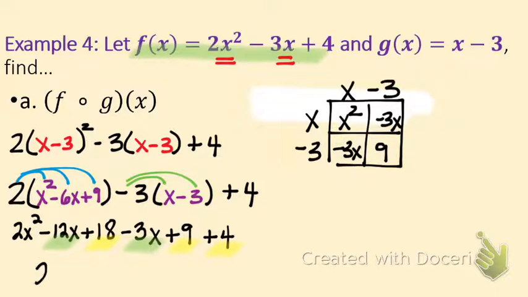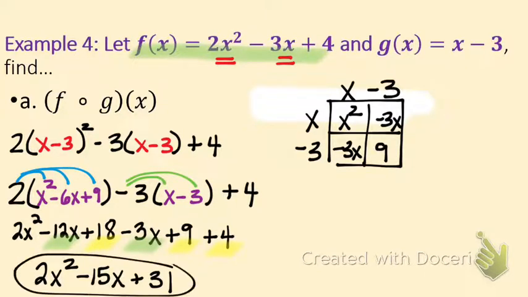So you get 2x squared minus 15x, and then 18 plus 9 is 27, and 27 plus 4 is 31. Is that what you all got? Okay. So that would be your final answer.